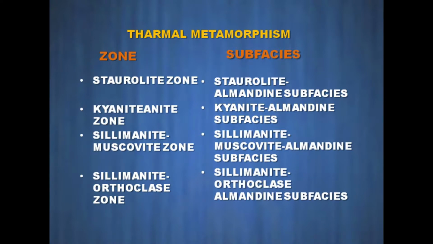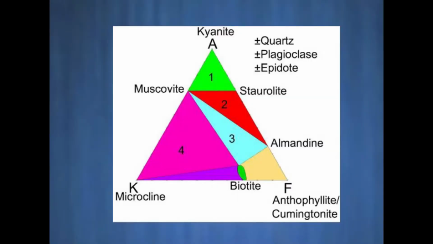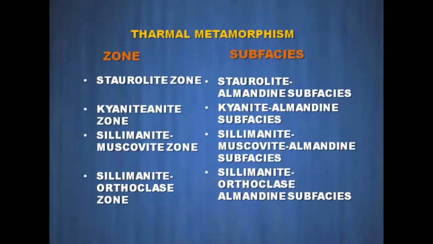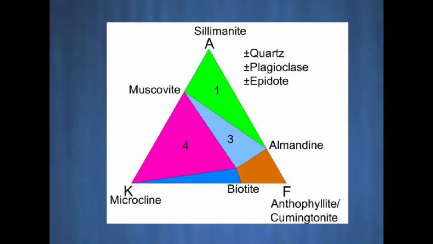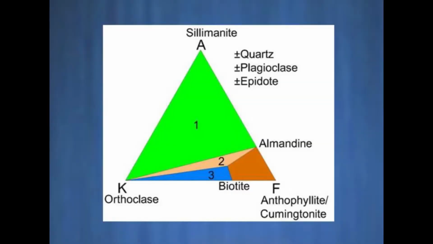The amphibolite facies are divided into four different zones: staurolite zone, staurolite-almandine subfacies, kyanite zone, kyanite-almandine subfacies, sillimanite-muscovite zone, sillimanite-muscovite-almandine subfacies and sillimanite-orthoclase zone, also known as sillimanite-orthoclase-almandine subfacies.